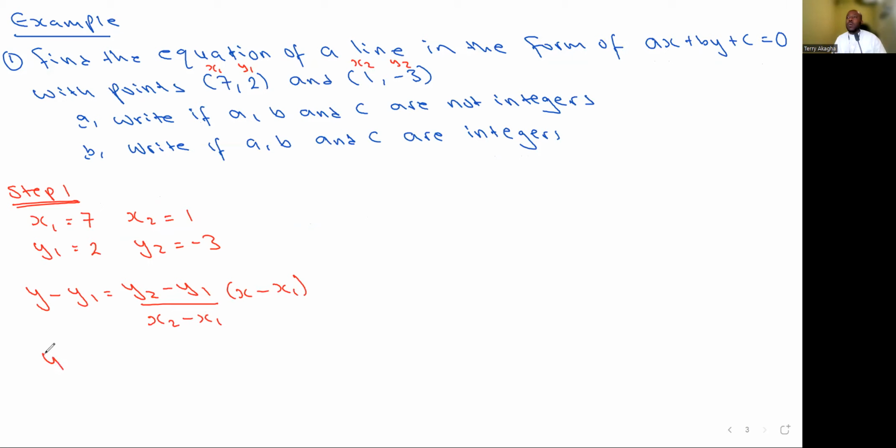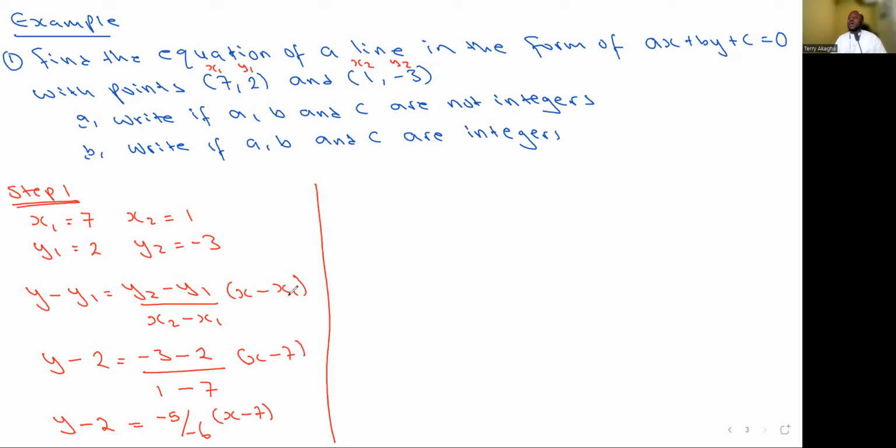So that will give us y minus 2 is equal to minus 3 minus 2 divided by 1 minus 7, and x minus 7. And that'll give you y minus 2 equal to minus 3 minus 2 gives you minus 5, divided by 1 minus 7 will give you minus 6, times x minus 7.